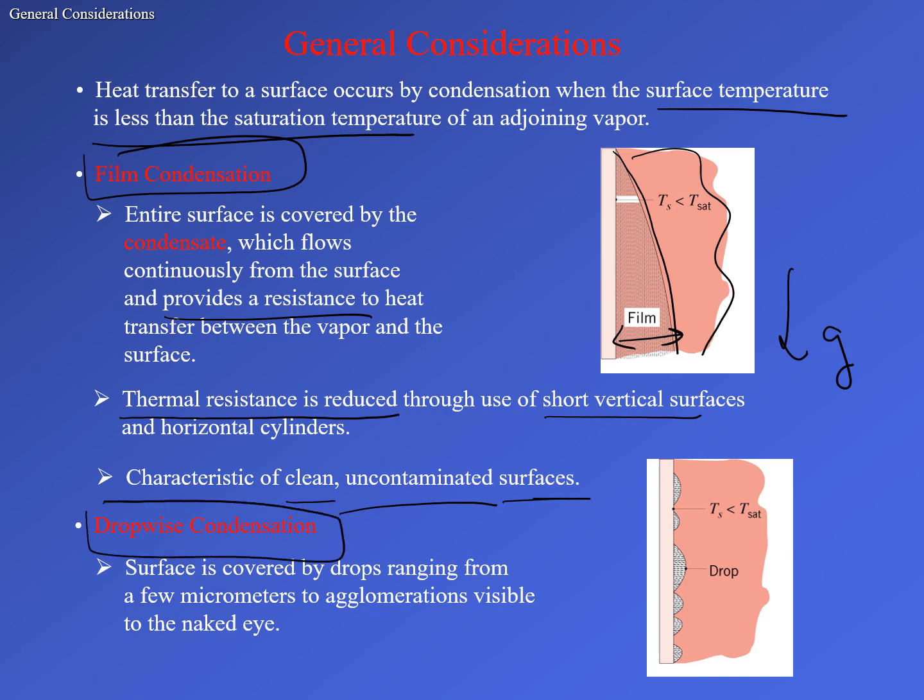As the name suggests, you have drops depositing rather than one continuous film, and these drops can range in size from a few micrometers to agglomerates which are quite bulky. And again, when drops are formed, it is much better than a film because you still have a lot of area between the drops on which fresh condensation can happen.